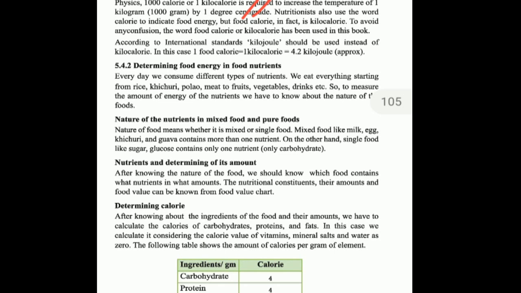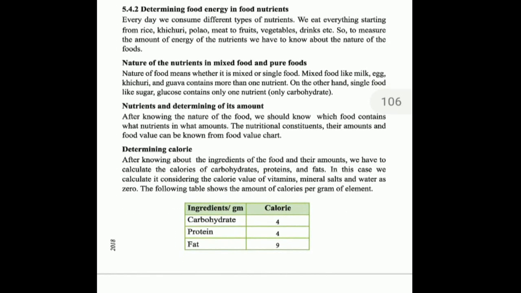Every day we consume different types of nutrients. We eat everything starting from rice, potato, pulao, fruits, vegetables, drinks, etc. So to measure the amount of energy of the nutrients, we have to know the nature of the foods.